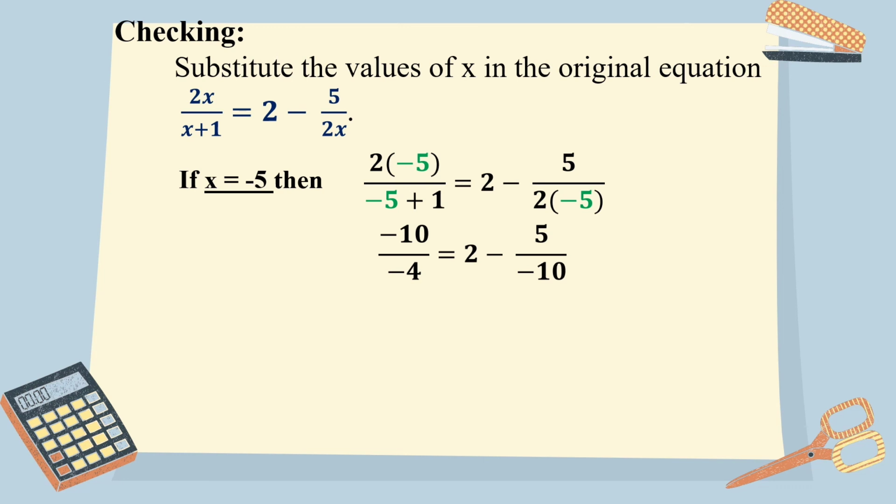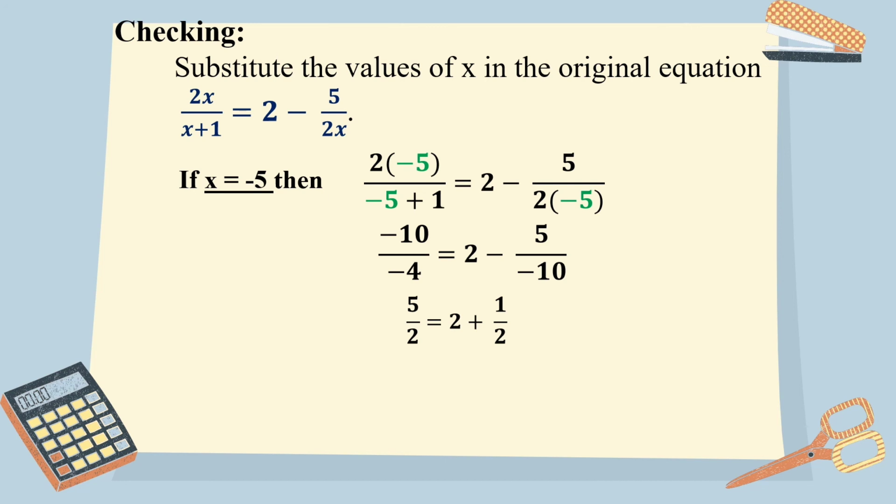On the right side of the equation, we have 2 times negative 5, so we have negative 10. Negative 10 over negative 4 is equal to 5 over 2, while on the right side of the equation, we have 5 over negative 10 is equal to negative 1/2, multiplied by negative sign, so it will become positive 1/2.